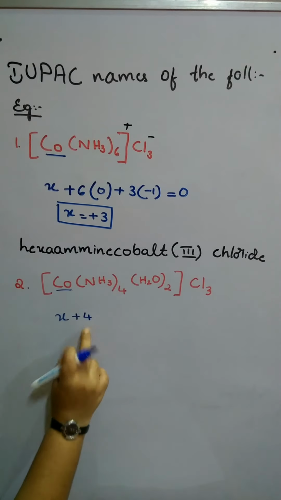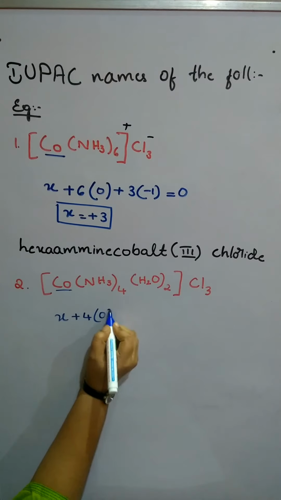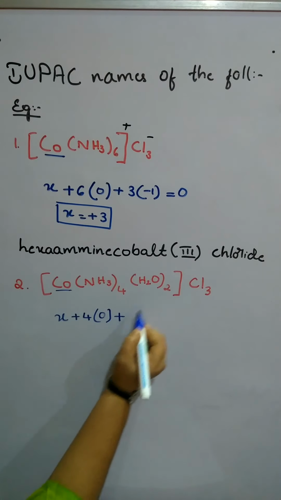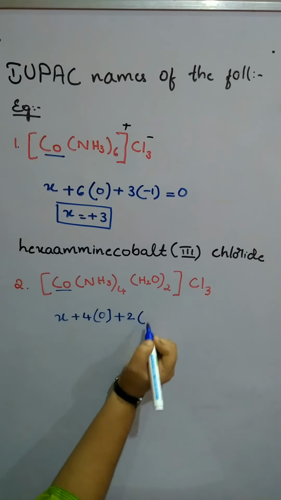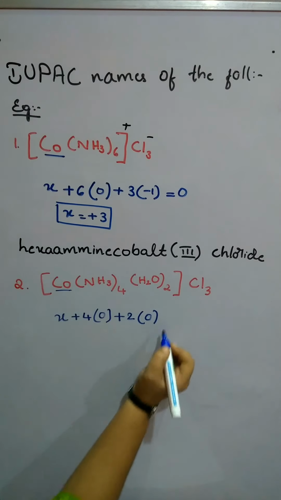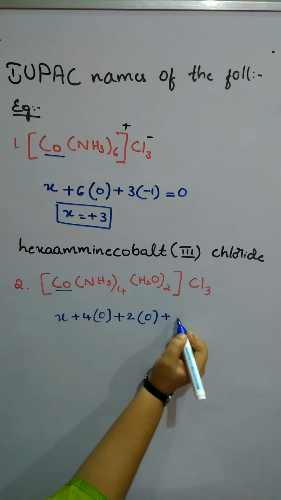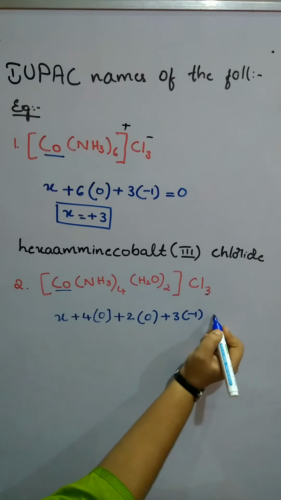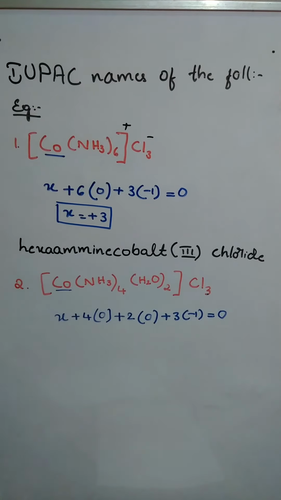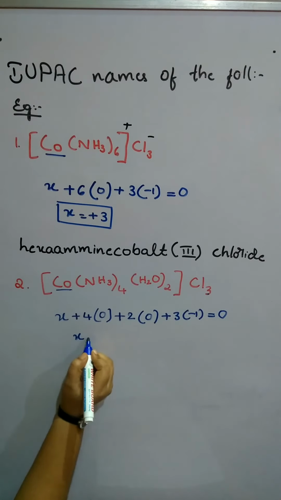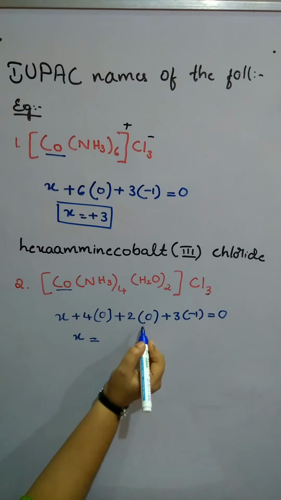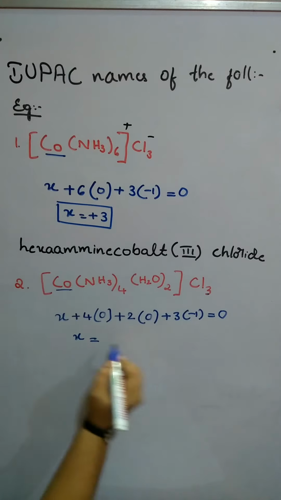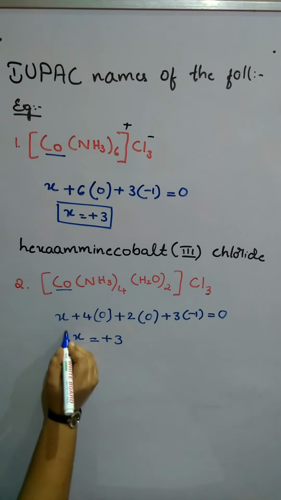Next, 4 is a neutral ligand, 0, plus 2, again a neutral ligand, 0, plus 3, each one with minus 1 as the charge, that equals 0. So X equals 0, minus 3, shift that, then it becomes plus 3.